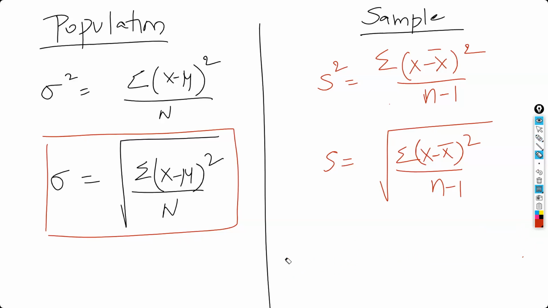Rajat, x bar is nothing but the sample mean. Have you practiced the HDS class? Yes or no? Just go through the previous class once.